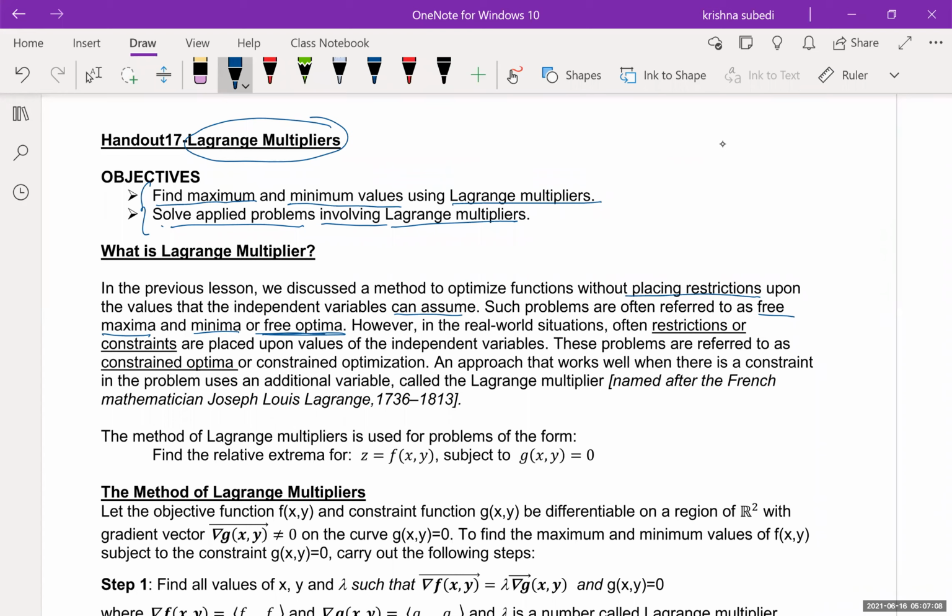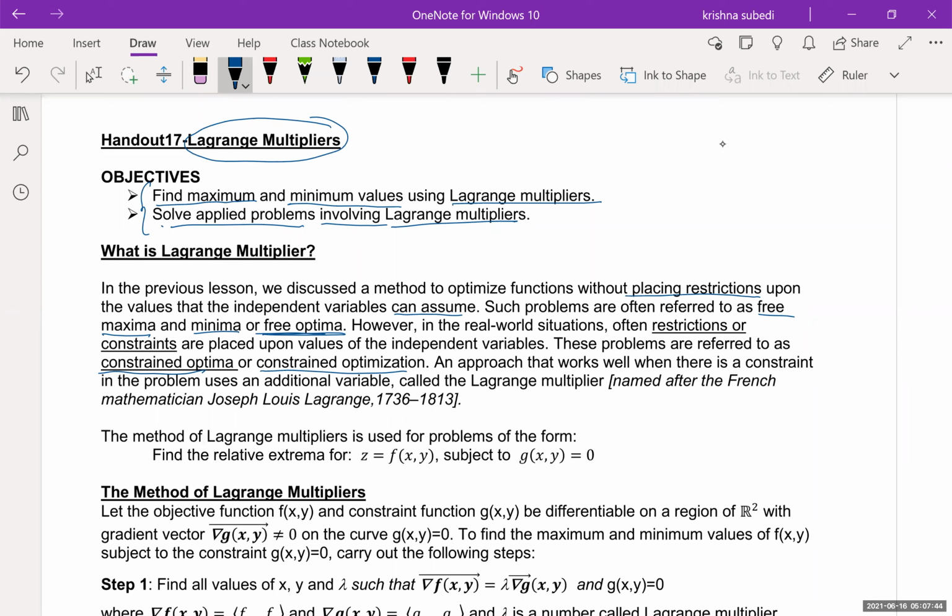But you see, in real world situations, oftentimes restrictions or conditions are placed upon the values of the independent variable. So these problems are referred to as constrained optima or constrained optimization. And there is a method to solve those kinds of problems that includes the constraint or condition.